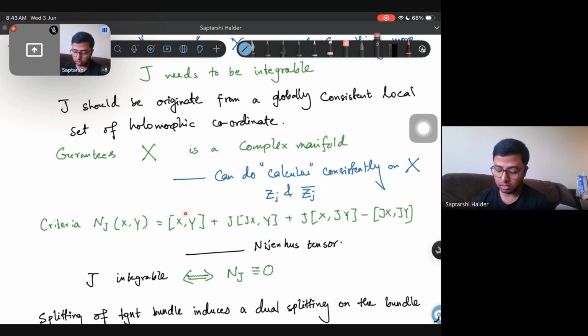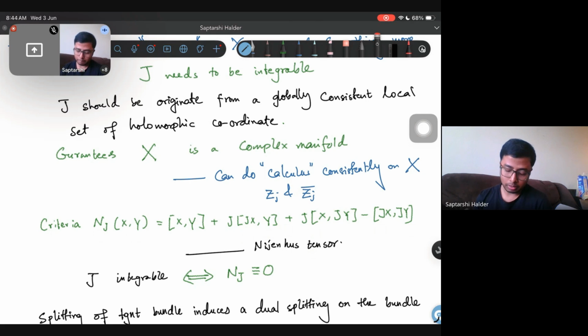These are just the Lie brackets. X and Y are vector fields, and JX is again a vector field because J was an endomorphism of TM. We can talk about this tensor quantity, and this is called the Nijenhuis tensor.